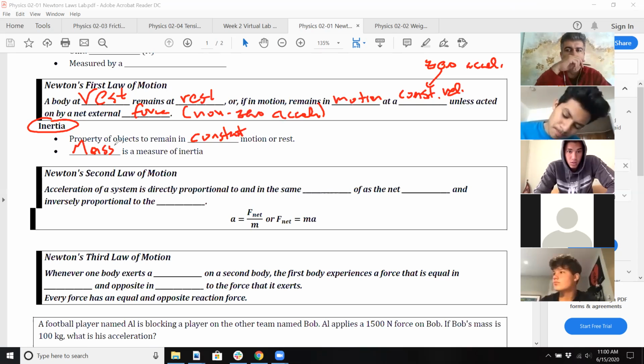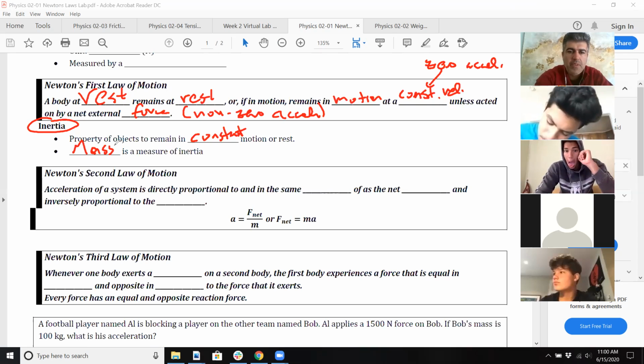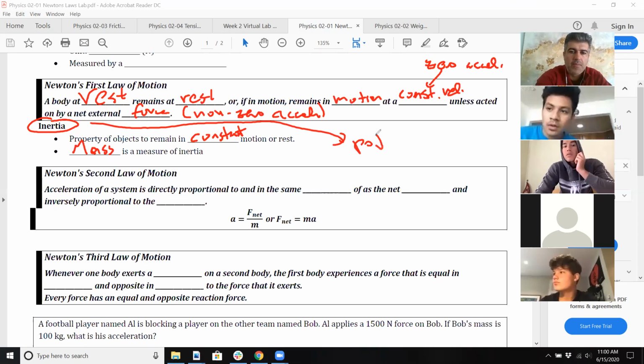Inertia is an interesting physics term. You could think of it as the potential to do force. I think you could say that. So there's a potential to have force.